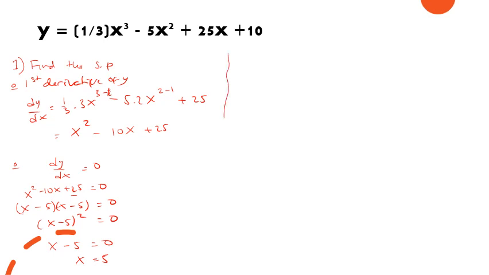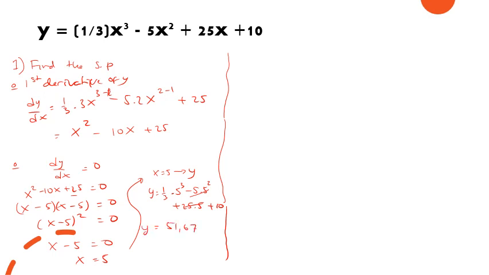Now, I haven't found the y. So substitute x equals 5 into the original function, then y will be 1/3 times 5^3 minus 5 times 5 quadrat plus 25 times 5 plus 10. So this can be dismissed, and that will be 51.67.